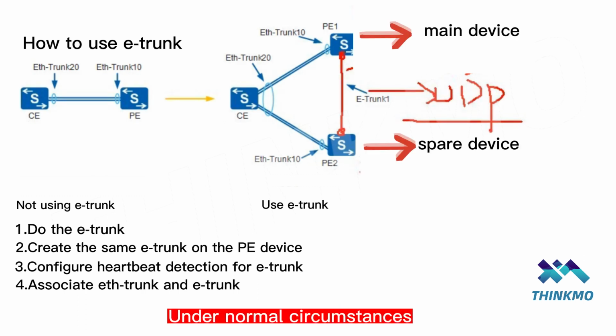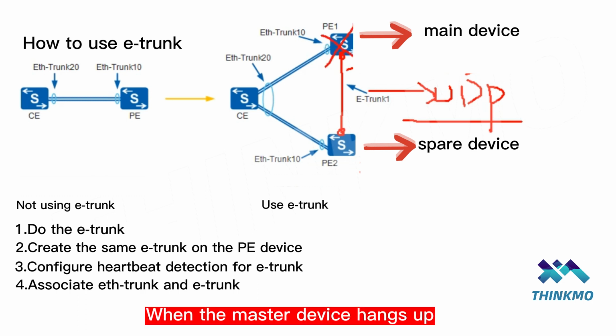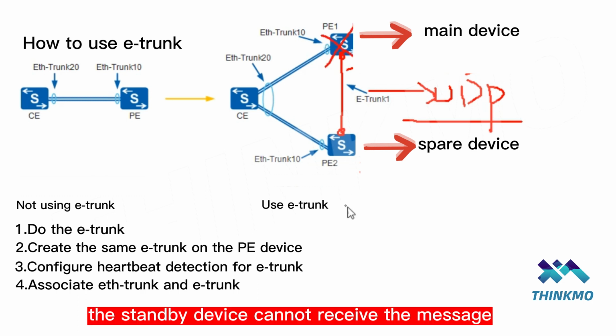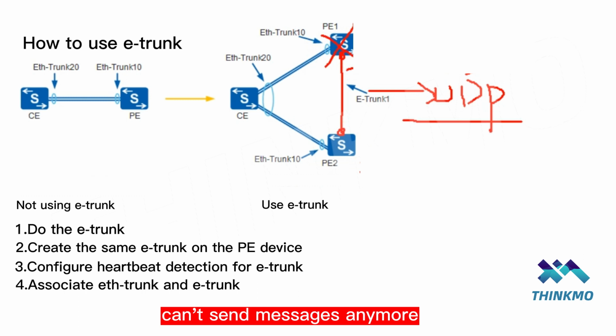Under normal circumstances, PE1 is the master. Eth-trunk 10 of PE1 is the master, and the link status is up. PE2 is the backup. Eth-trunk 10 of PE2 is the backup, and the link status is down. When the master device goes down, the standby device cannot receive the message, because the master device is down and can't send messages anymore.